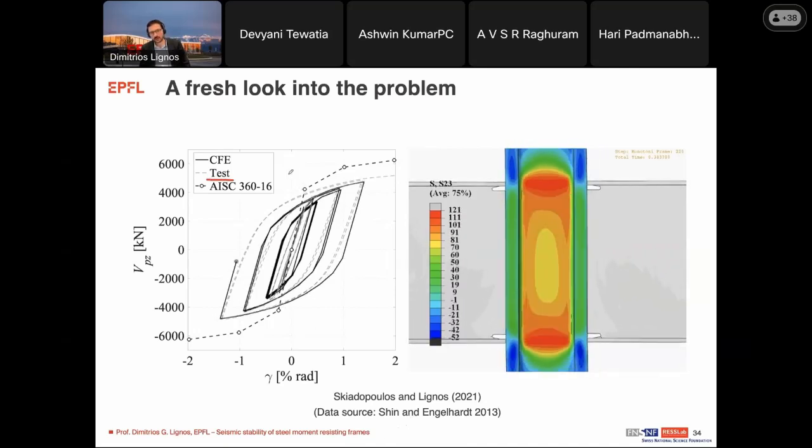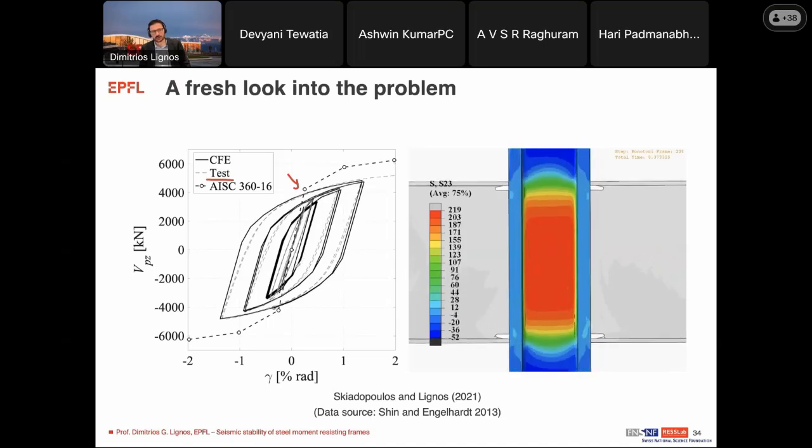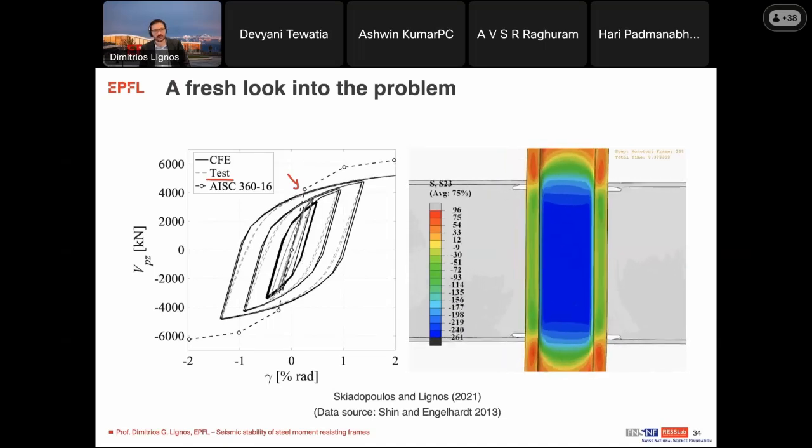Whereas the model that is being used in design under-predicts, as I said, both the stiffness and the strength, as well as strength at 4 gamma y, which is pretty much the allowable limit by code today.